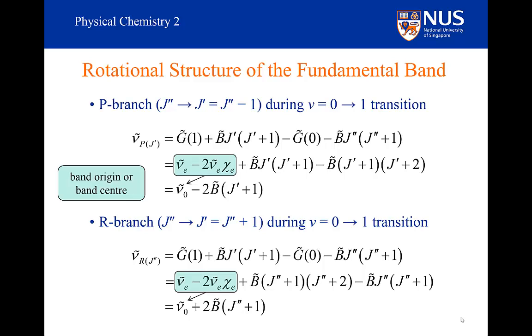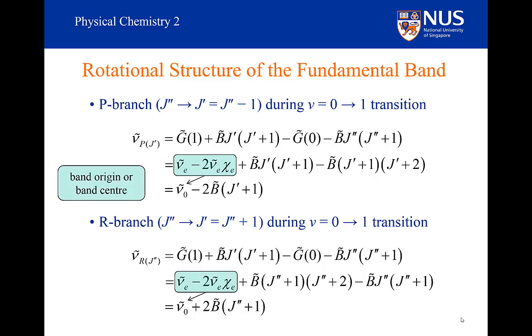We have nu zero again because this is my fundamental frequency, plus the term 2B into J double prime plus 1. So there are two differences here between P and R branch lines. In the P branch, the difference between the rotational energies is negative, but in the R branch it is positive.